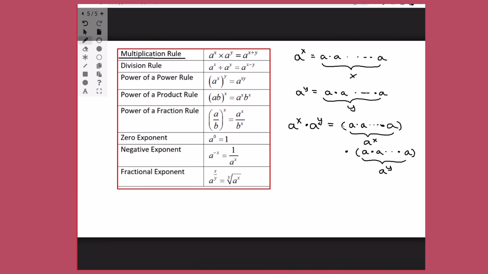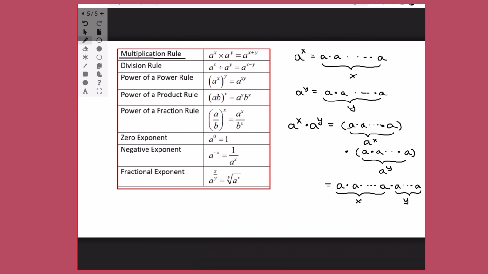Then we know that multiplication is associative, or you could just get rid of these parentheses and it's the same thing. So let's get rid of the parentheses. This is x times from a to the power x, and then the second part would be y times.